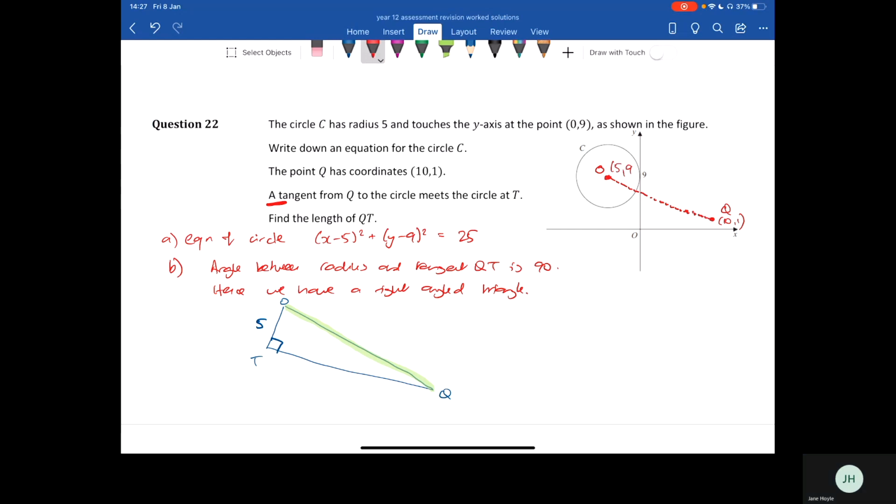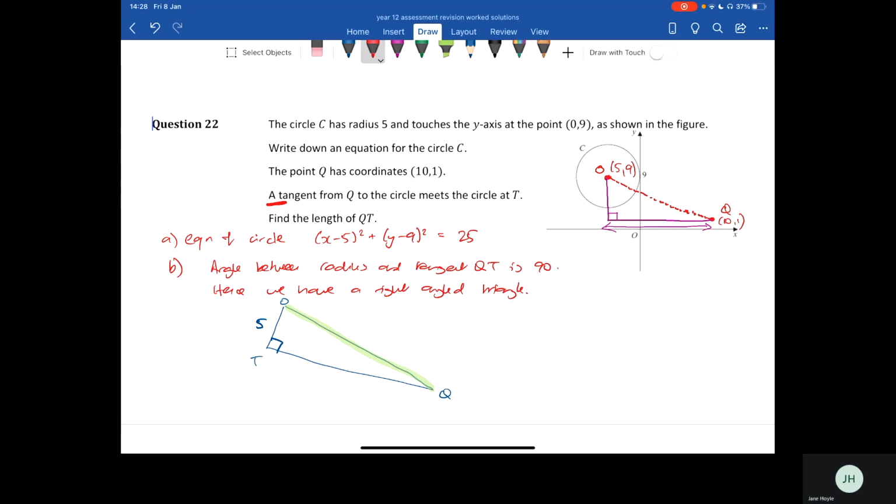So if I draw a different right angle triangle, this purple one isn't the same as the one I've got in blue down here. But I can find this because I know that the length from there to there goes from, I've written, look, negative 5, 9.